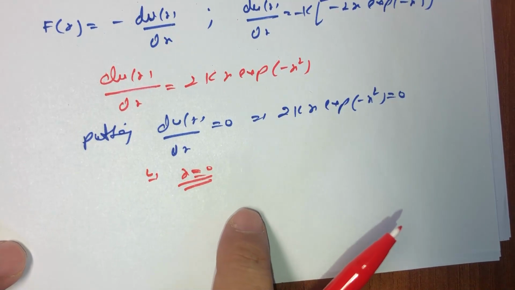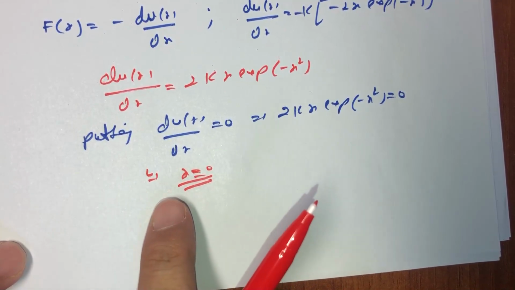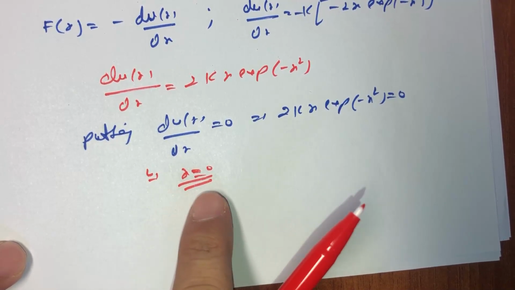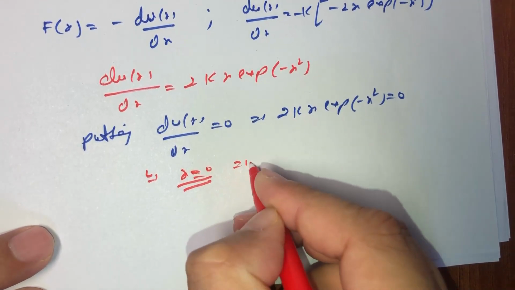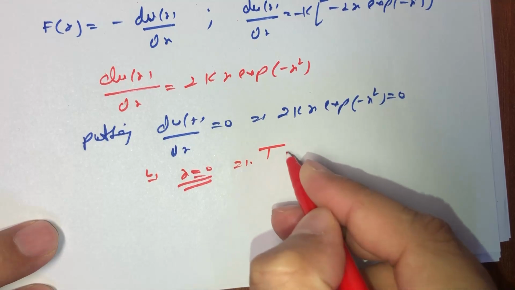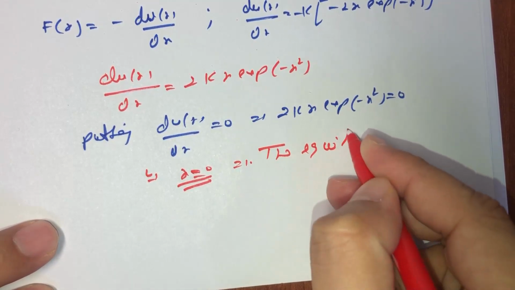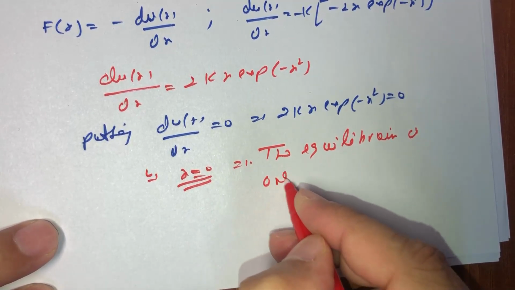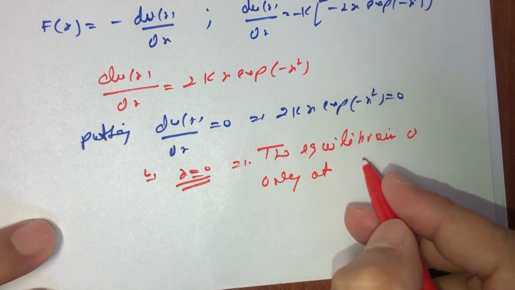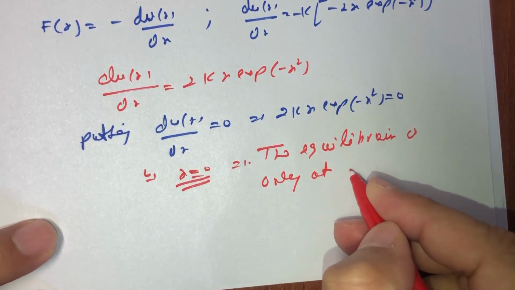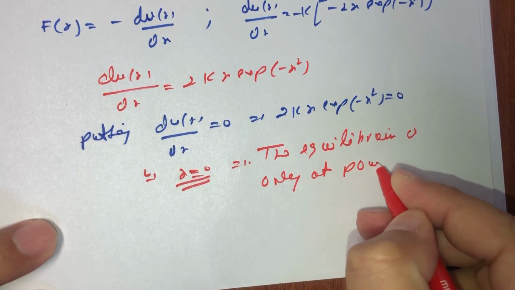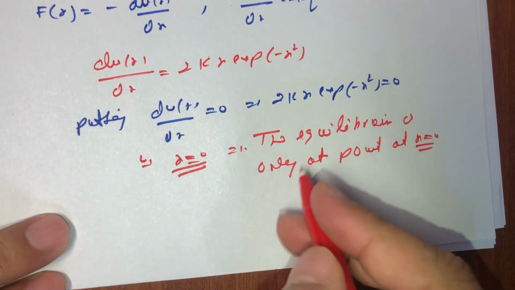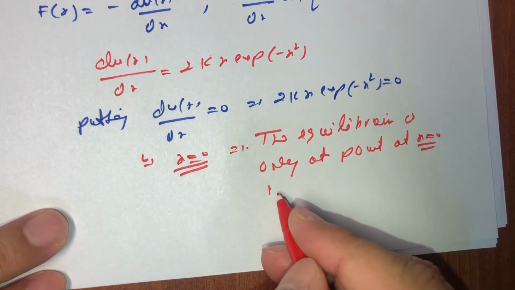So it means the equilibrium is possible at only one point, that is at the origin, x equal to 0.